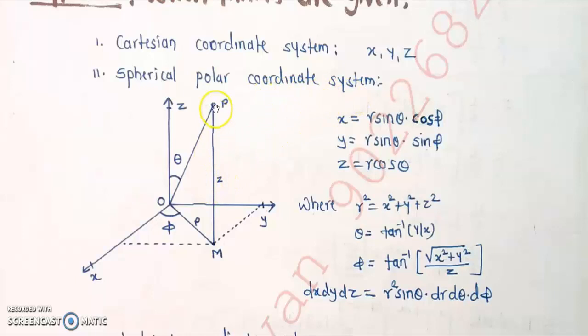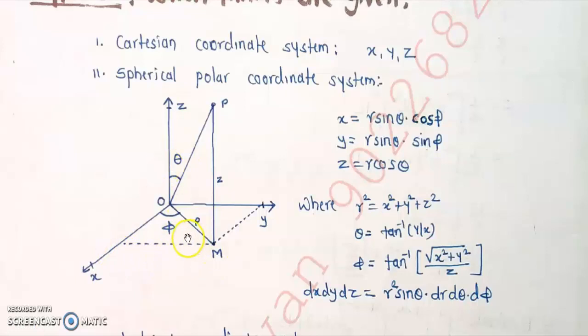Here, p is the point, and the distance of point p from the origin is r. Then we have the x axis, y axis and vertically the z axis. OP makes the angle theta with the z axis and OM makes the angle phi with the x axis.